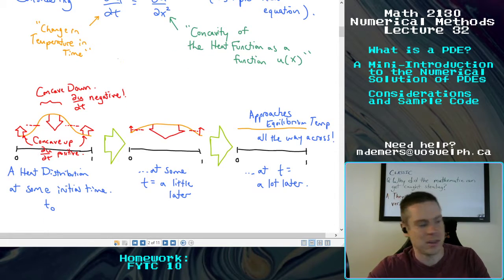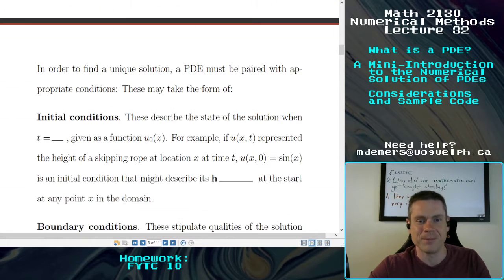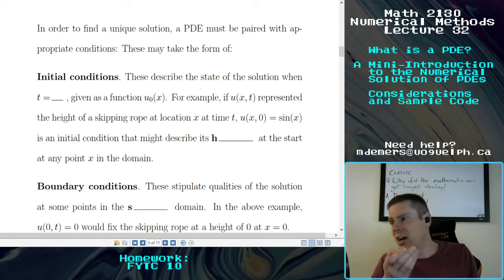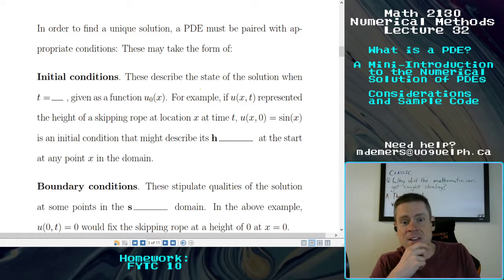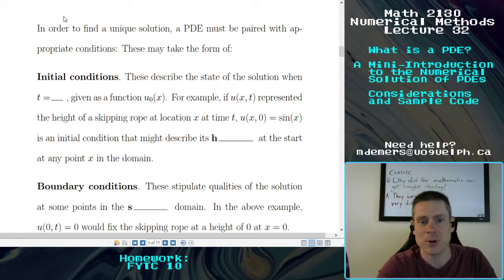So that's an introduction to the idea of what a PDE is. And we're going to use this and go into a little bit of what it means to solve these things numerically. So let's try that out. Okay, so as I said, I keep talking about an initial temperature distribution. I actually need an initial condition, and it's different from what you know from a normal differential equation, right?